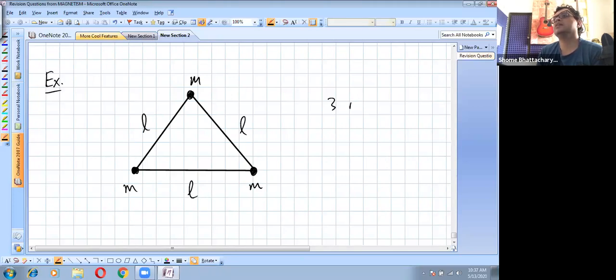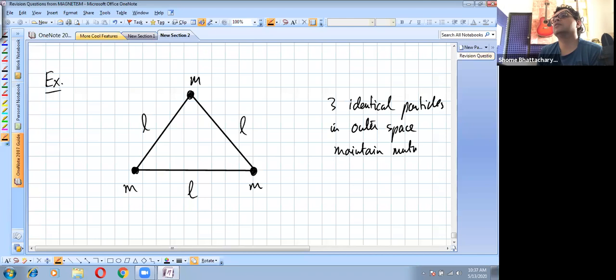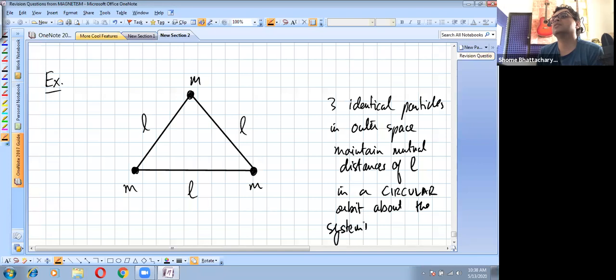So 3 identical particles in outer space maintain mutual distances of L in a circular orbit about the system's center of mass.